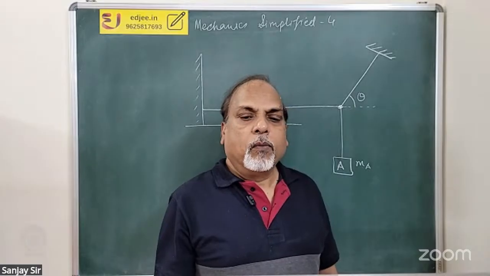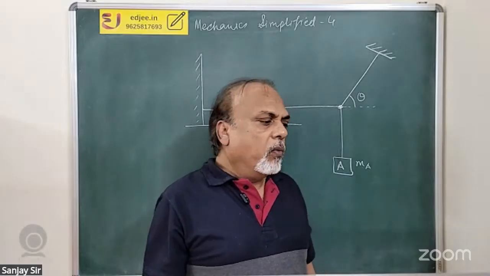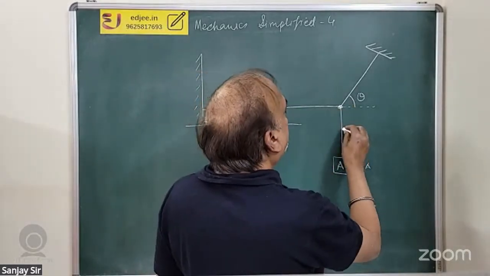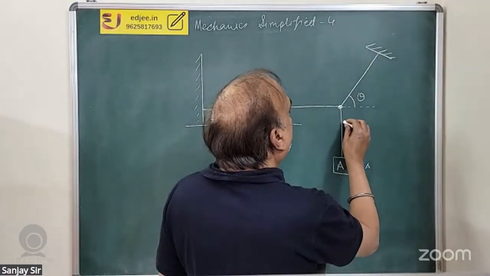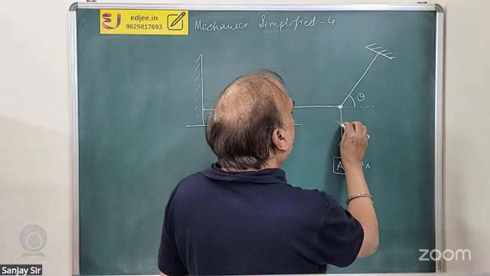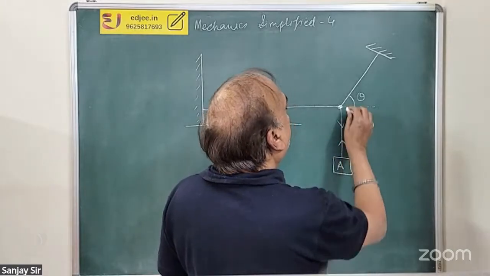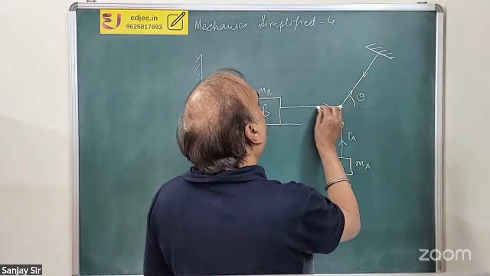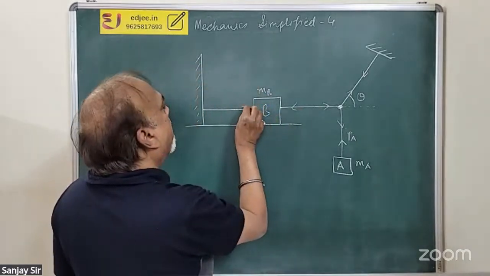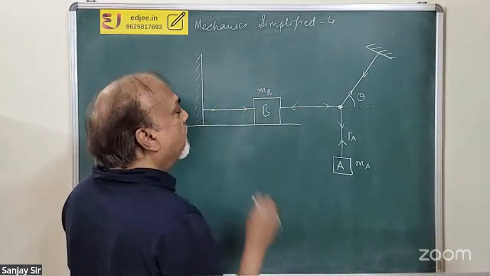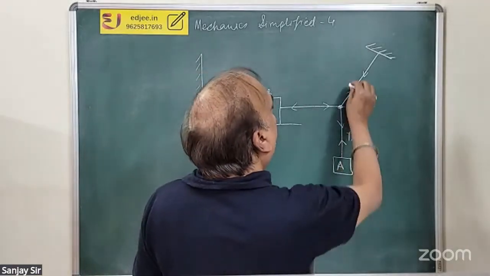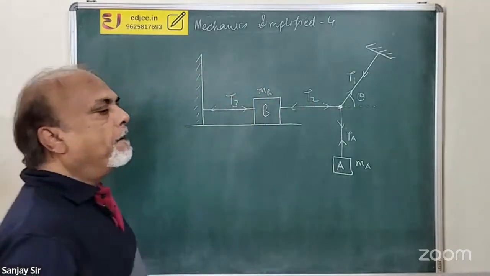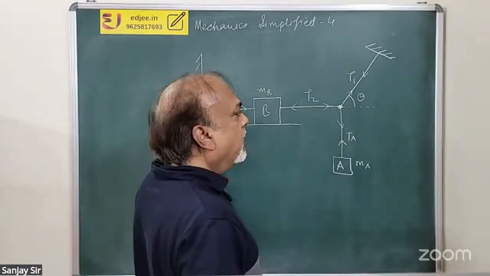Correct. Now we have to find out the tension in these strings. Suppose this is TA, T1, T2, and T3. This system is at equilibrium.